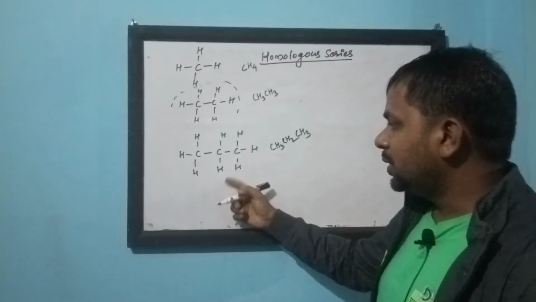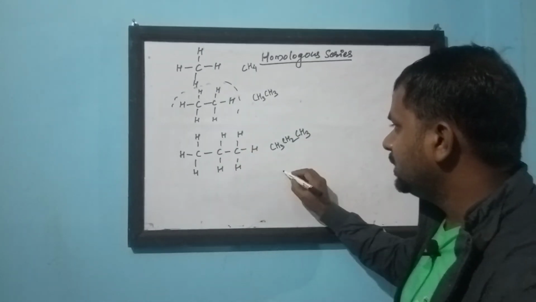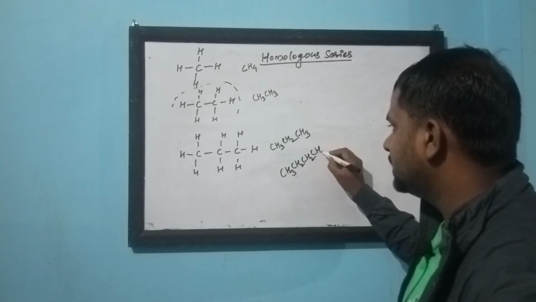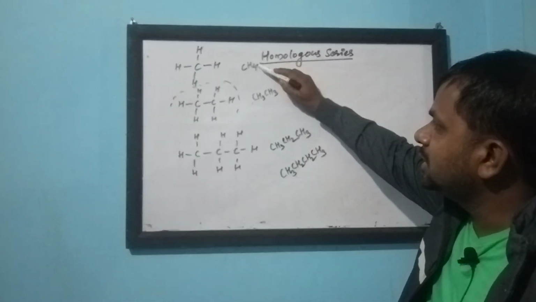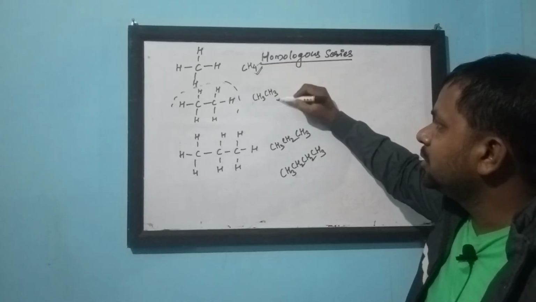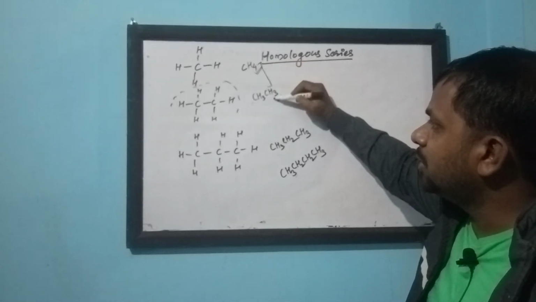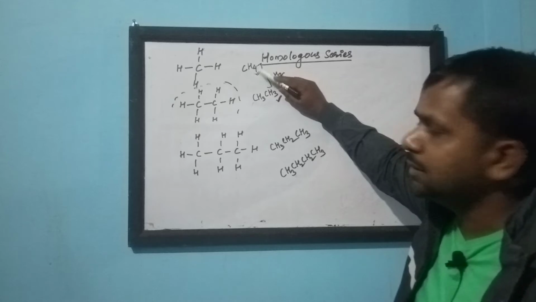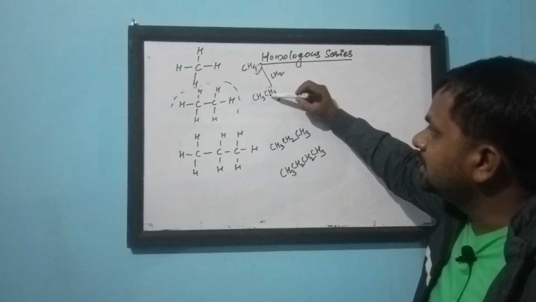When we draw one more alkane with one more carbon than this, it will have a condensed formula like this, CH3, CH2, CH2, CH3. Because when we compare this compound and this compound, the lower compound is more by a CH2 group than this. CH4 is here and CH3, CH3 is here, so there is one C and 2 H more.